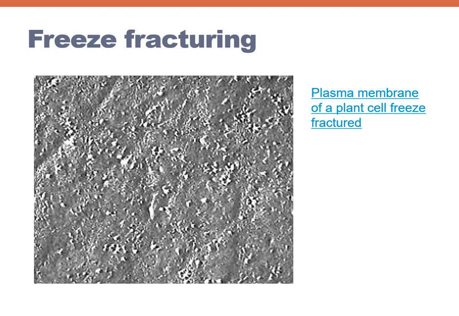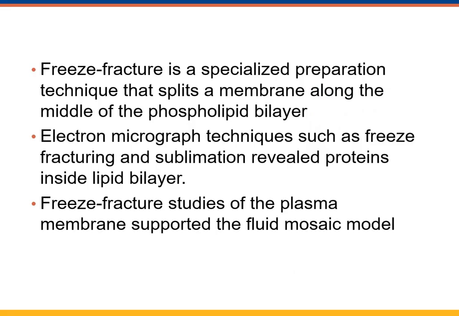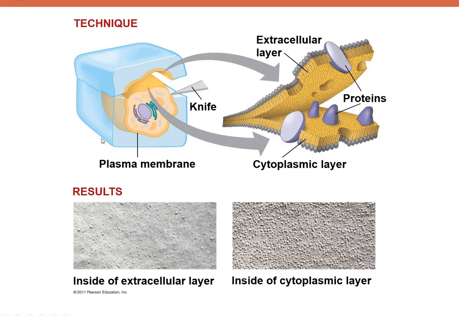In freeze fracturing, it is a specialized way to split the membrane from the middle of the lipid layer. You have two lipid layers, you freeze them such that they break apart from between, and then you split it open to see whether there are only two layers.